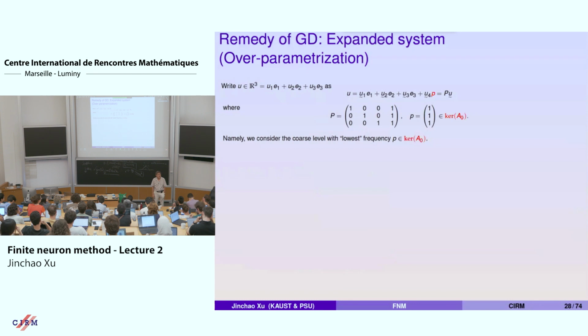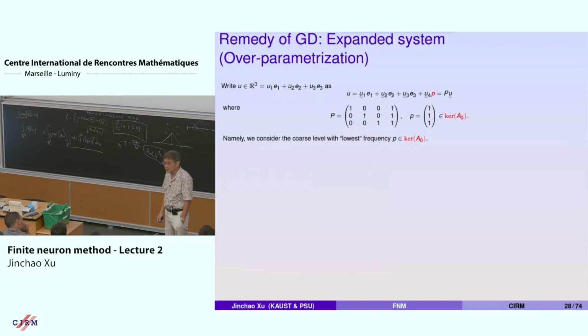So this is what I call over-parameterization. And I write this 3-vector in terms of 4 vectors, a linear combination. I call it U tilde, U1, U2, U3, U4 tilde. So this representation, as everybody here knows, is not unique. There are infinitely many possibilities.